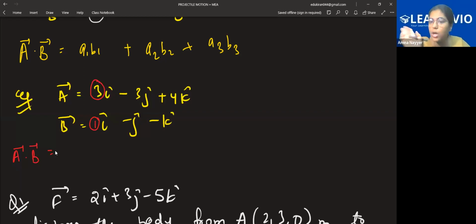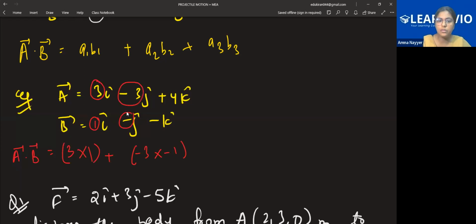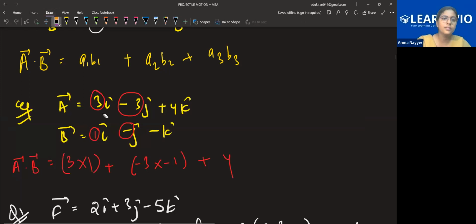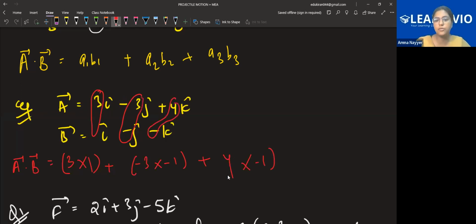A, B, cos theta. Here in Cartesian form, you multiply the coefficients, 3 into 1. Then i cap dot i cap is 1, so we won't write anything else. This becomes plus, minus 3 into minus 1. Fine, minus 3 from here and minus 1 from here. Plus, this is 4 into 1, so this becomes 4 into minus 1.